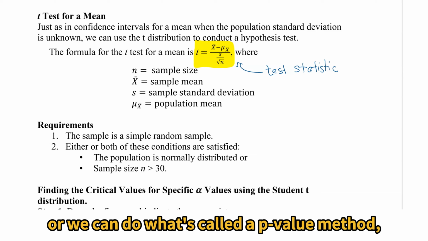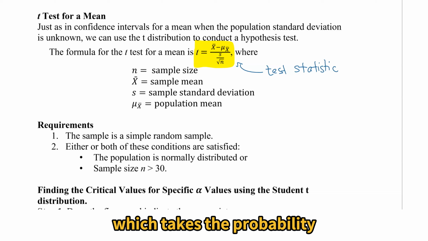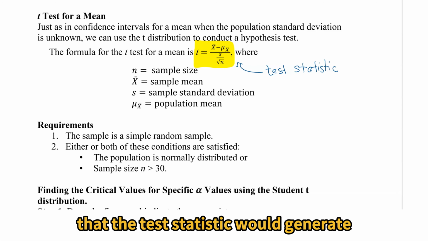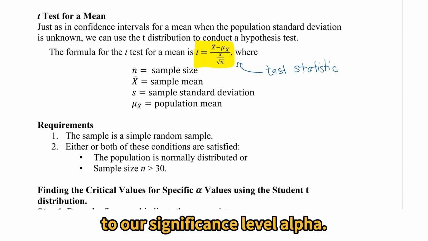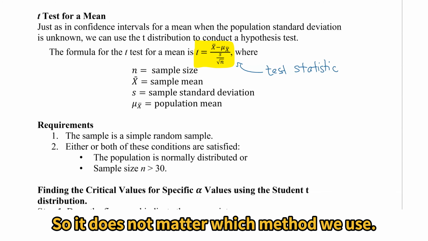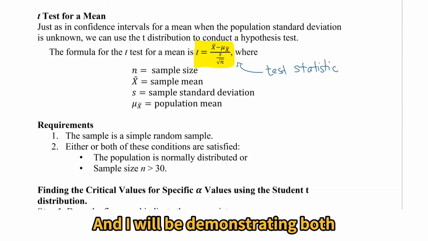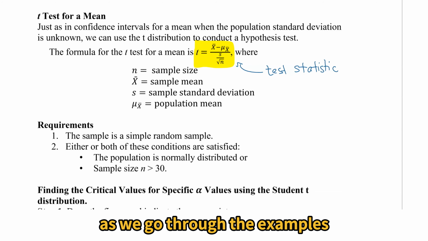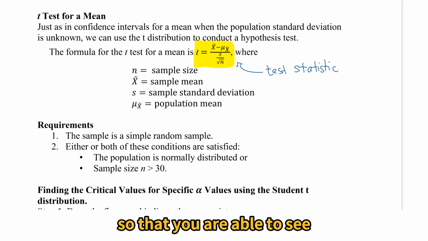Or we can do what's called the p-value method, which takes the probability that the test statistic would generate and compares that probability to our significance level, alpha. Both methods will yield the same result, so it does not matter which method we use. And I will be demonstrating both as we go through the example so that you are able to see both methods in action.